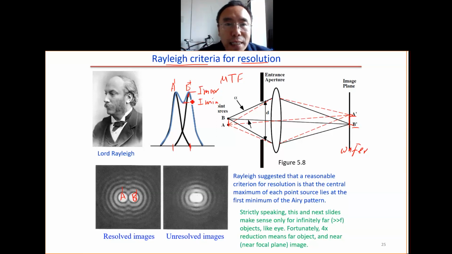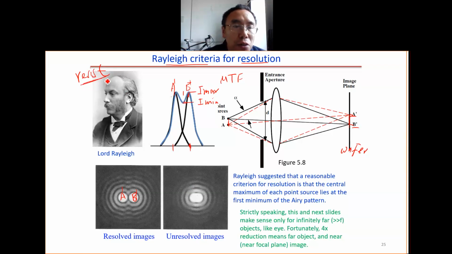Rayleigh said that in this situation, overlapping the minimum with the maximum, the two spots can be well resolved. But obviously, this depends on the resist. When the resist is very good, even though the two spots are closer, one here, maybe one here, they can be resolved.